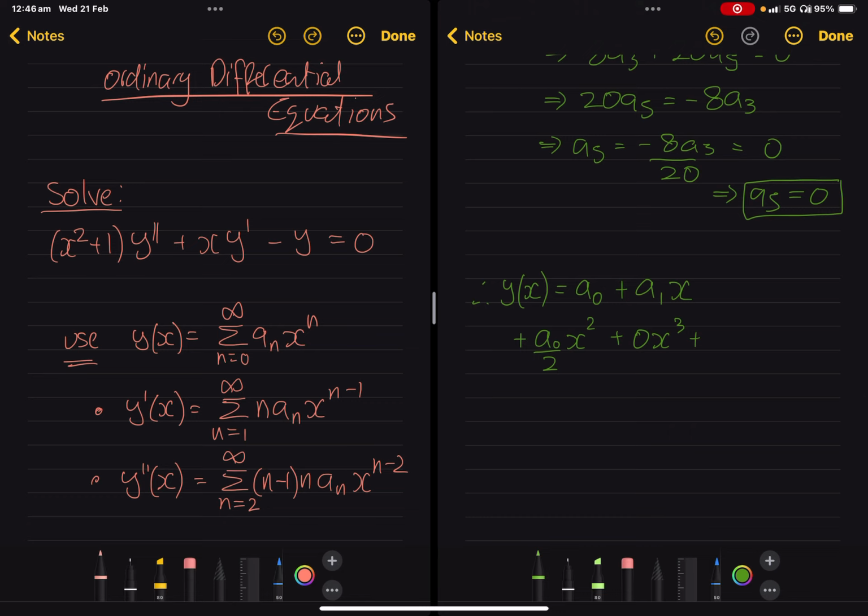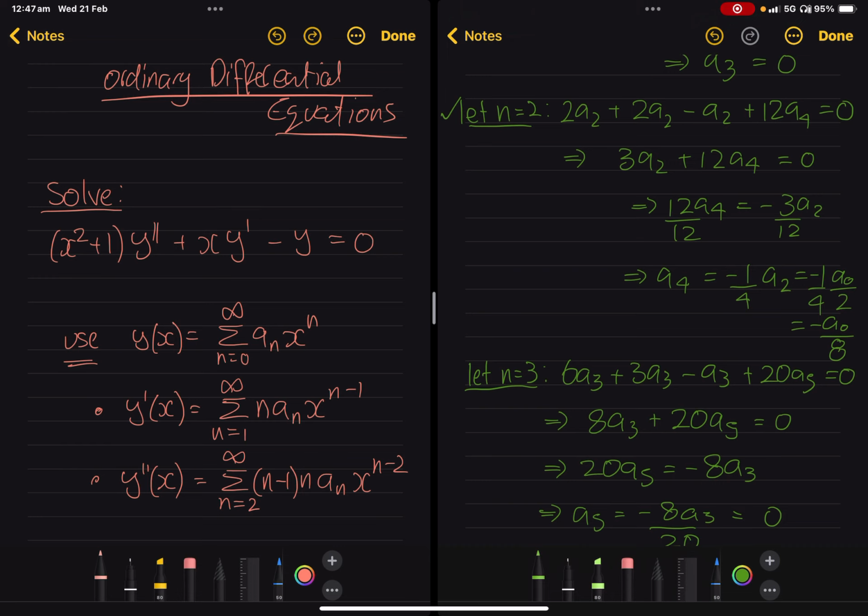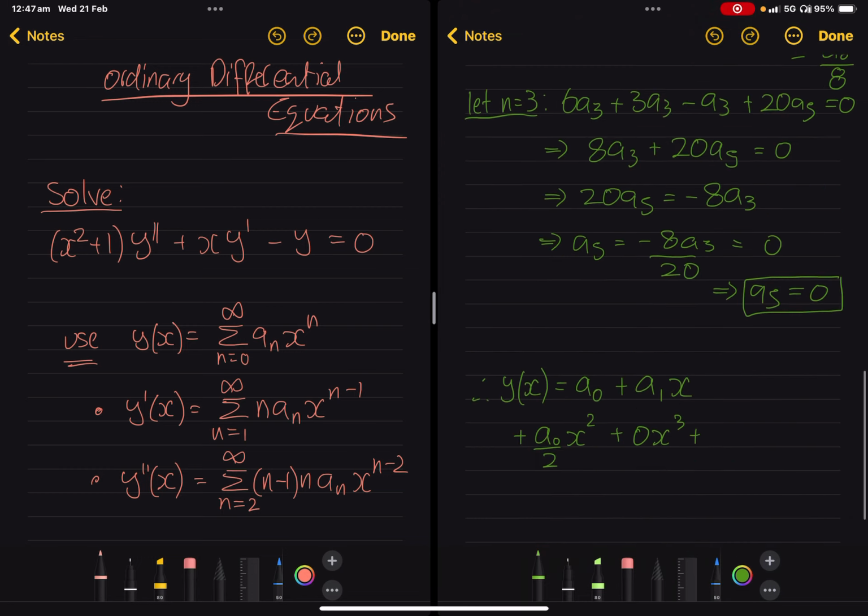Plus we could have our fourth term, which will be when n is 2. Here we found this will be a4 times x to the 4. Well, a4 we found was minus a0 on 8. So this is going to be minus a0 on 8 times x to the 4. And then we're going to have plus a5 times x to the 5, which is going to be 0 x to the 5, and so on.